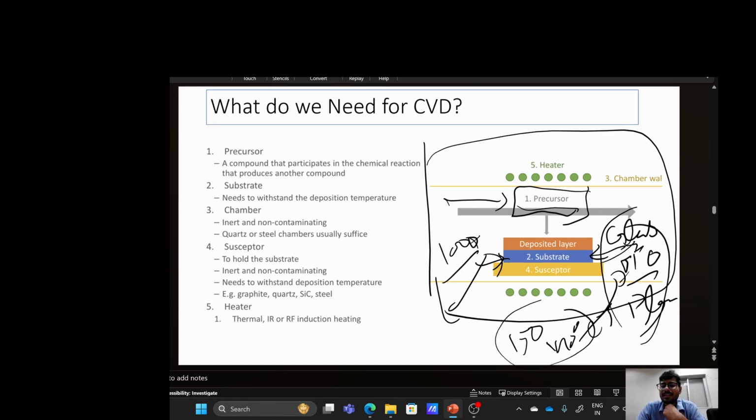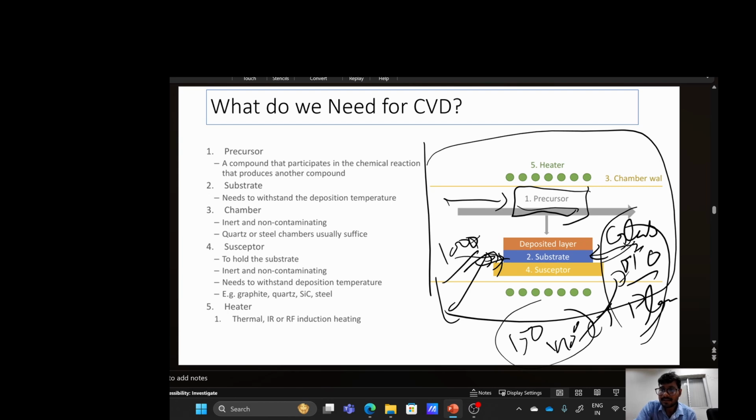Glass cannot withstand more than 600 or 700 degrees. But silicon, which is widely used in the semiconductor industry, can withstand higher temperatures. Germanium, silicon nitride, and silicon dioxide can also withstand.